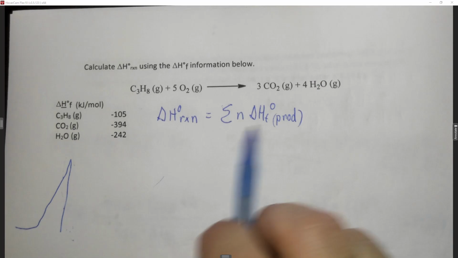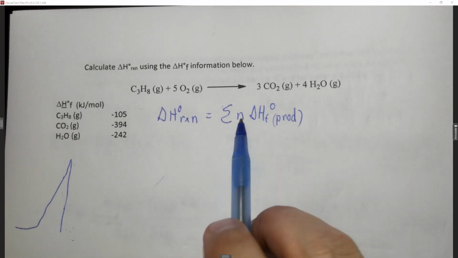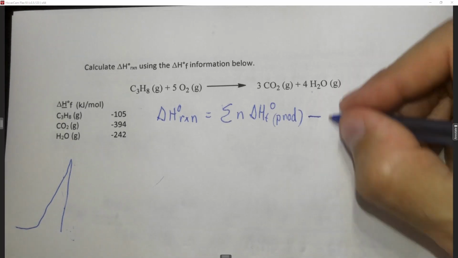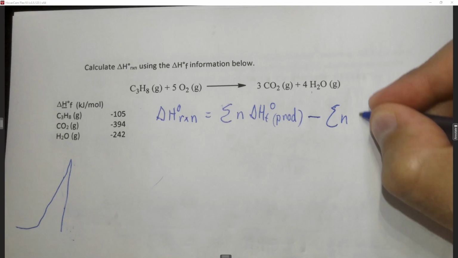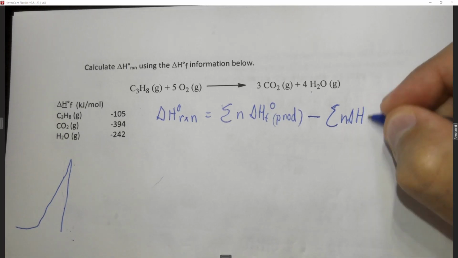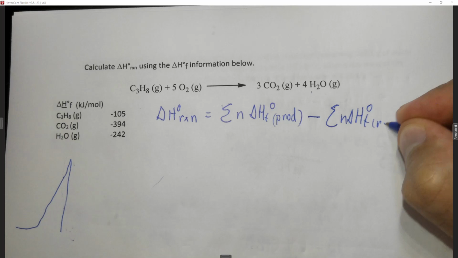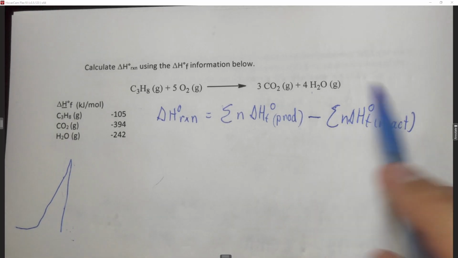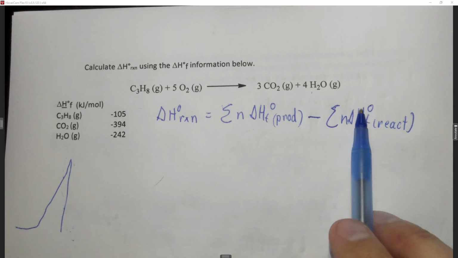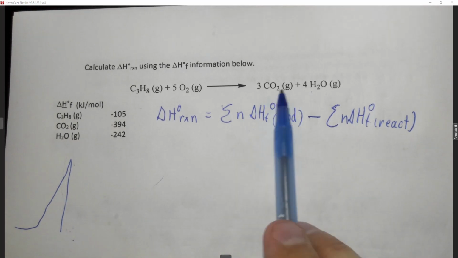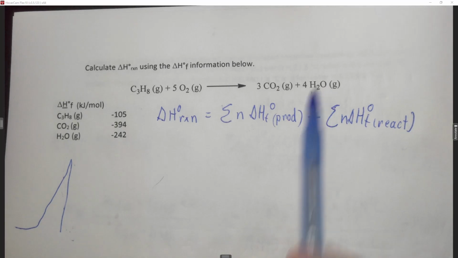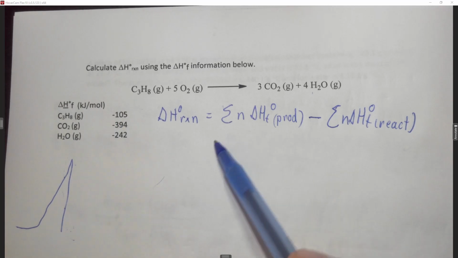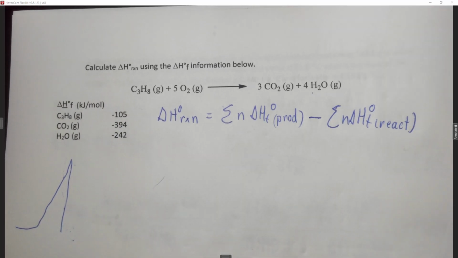What this means is add up all the enthalpies of formation of the products times n, the number of moles of each one that you have, and then subtract the summation of n delta Hf naught of the reactants, commonly referred to as products minus reactants. So we're going to add up the products and subtract the reactants. So instead of this being negative 105, it's going to become positive 105 for the reactants. That's all we're doing here.